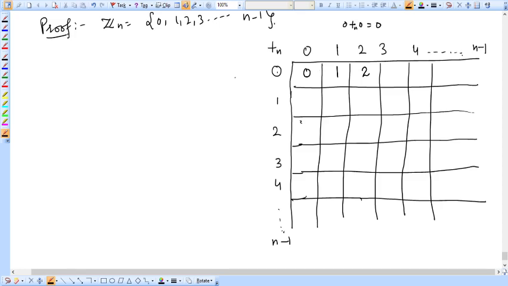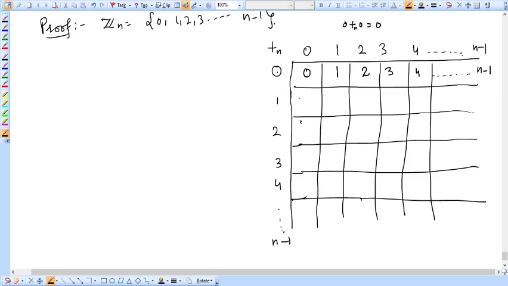Something greater than 2 is dividing this 2, so the remainder would be 2 only. And similarly will be the case for 3 and 4 and so on, up to n minus 1.